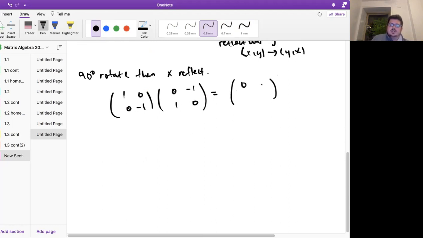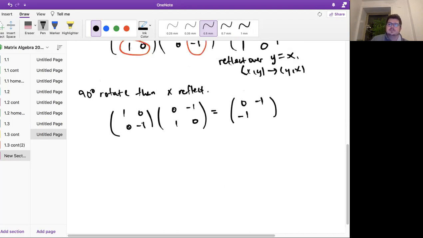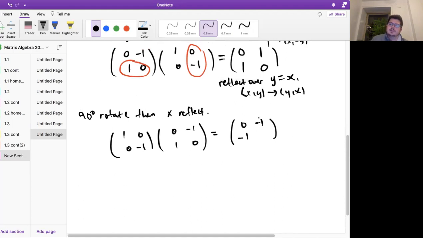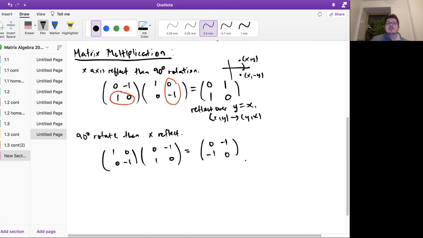How about the entry next to it, the 1,2? Negative 1. How about the 2,1? Also negative 1. And how about the 2,2? 0. So here's a great example that matrix multiplication is not commutative.